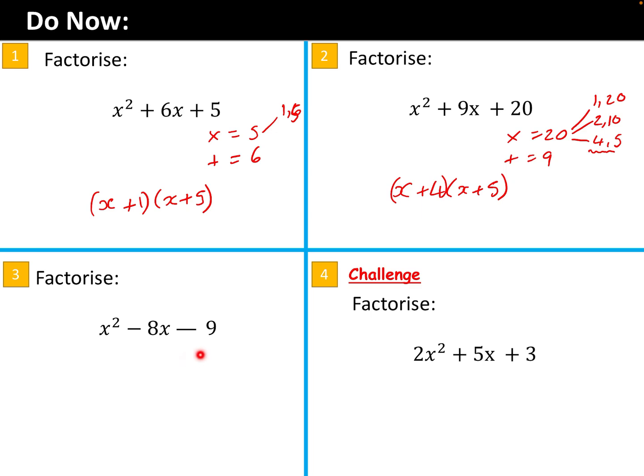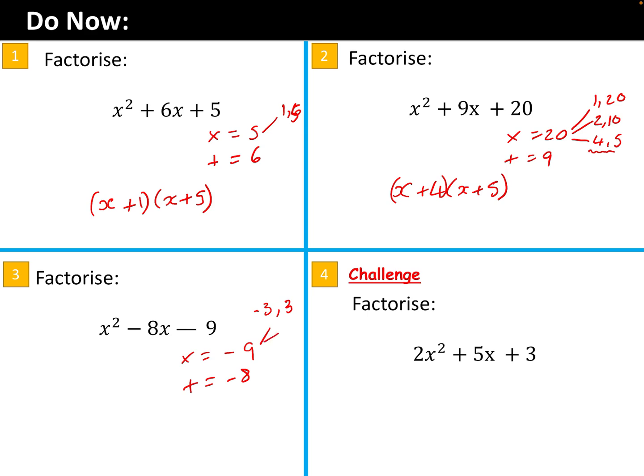For this one down here, I want two numbers that multiply to give me negative 9 and add to give me negative 8. Those signs are important. For numbers that multiply to give me a negative number, one has to be positive, one has to be negative. So for 9, we could have negative 3 and positive 3.